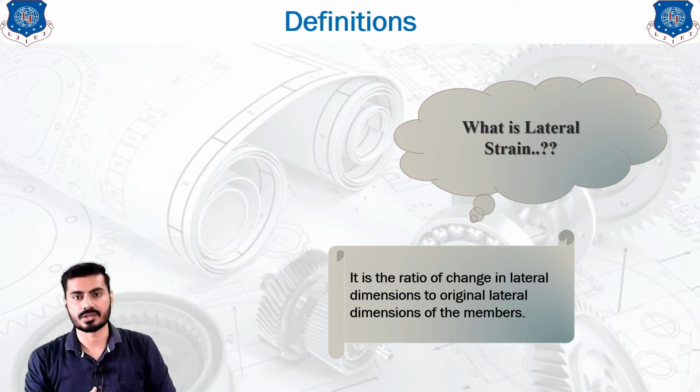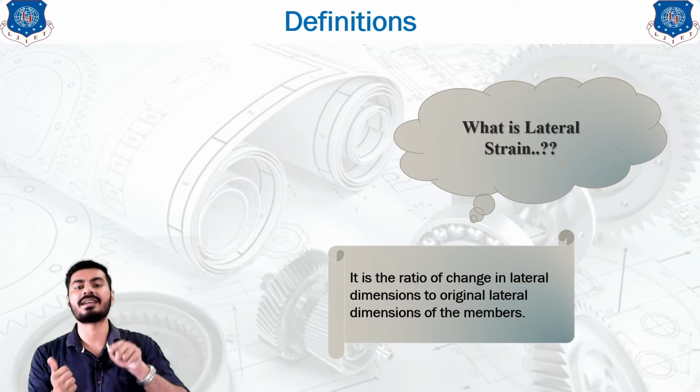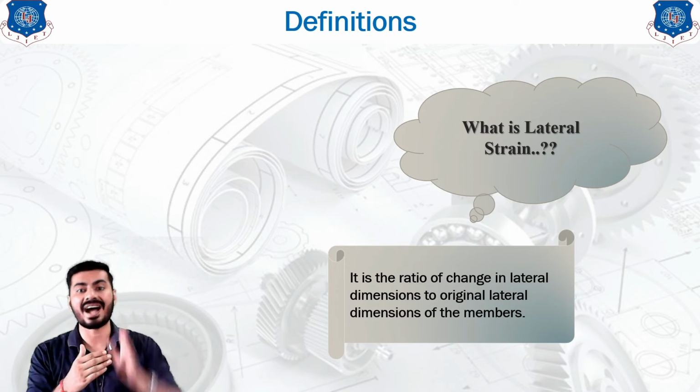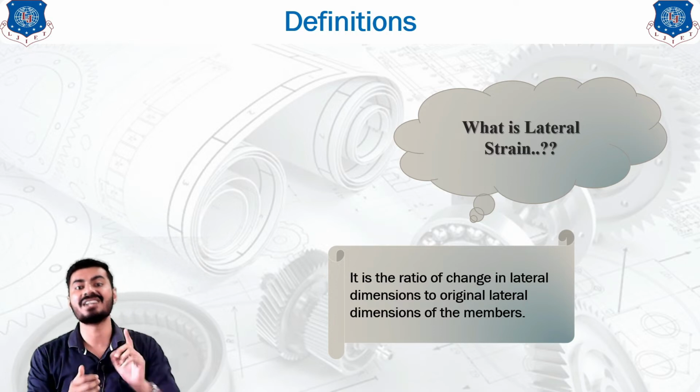All the dimensions perpendicular to the axis of the member, all those perpendicular to the longitudinal direction, are known as the lateral dimensions. Let's say we have considered the axis of the member in the x direction. So the dimension in the y direction and the dimension in the z direction are known as the lateral dimensions. So any change in that y or z direction will give you the lateral strain.